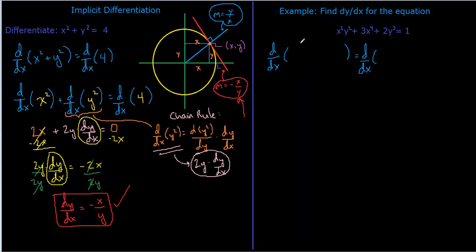I'll just run through this example since we've seen already how this works. We have on the left side x squared y squared plus 3x to the fourth plus 2y cubed. On the right we have 1. So here we have the derivative of x squared y squared with respect to x.